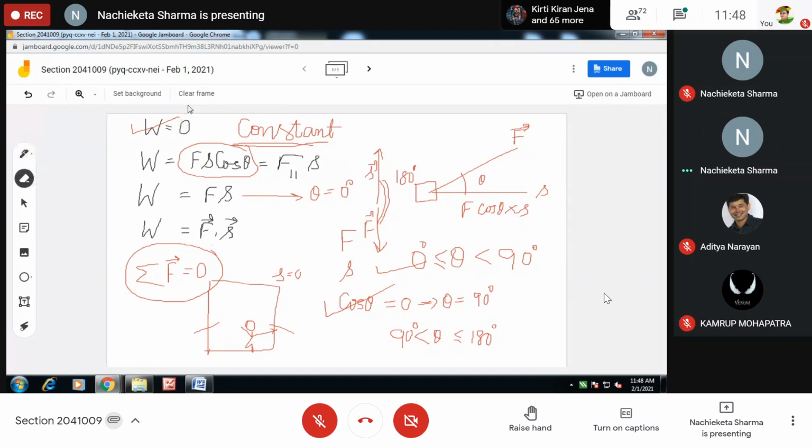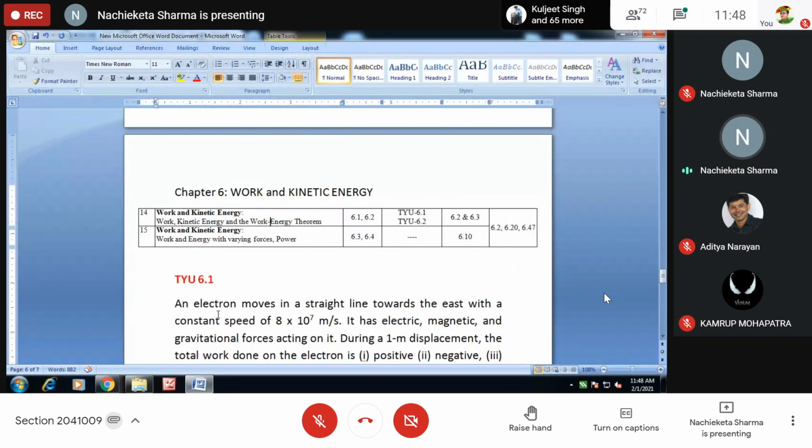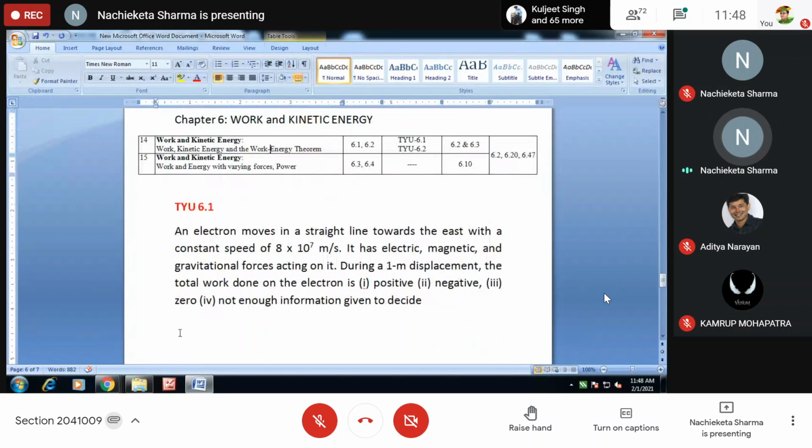6.1. Let us look at the problem. An electron moves in a straight line towards the east with a constant speed of 8 times 10 to the power 7 meters per second. It has electric, magnetic, and gravitational forces acting on it.